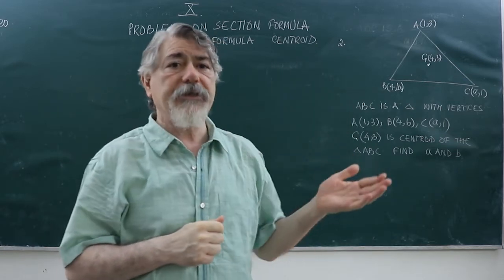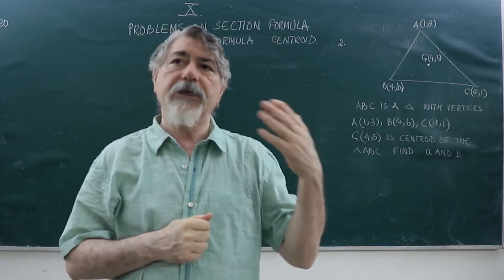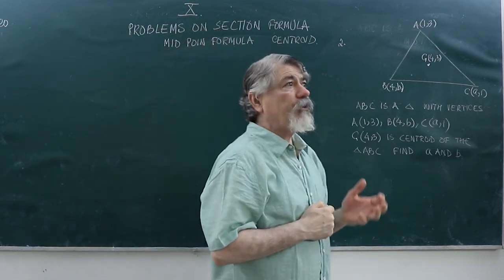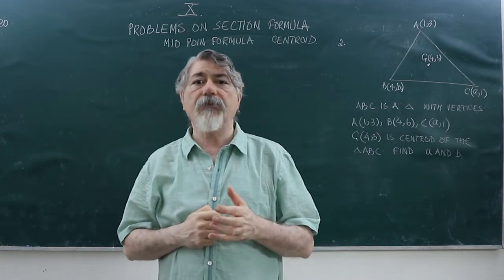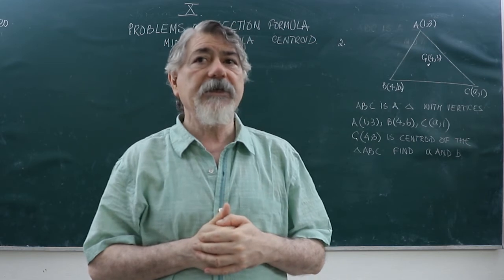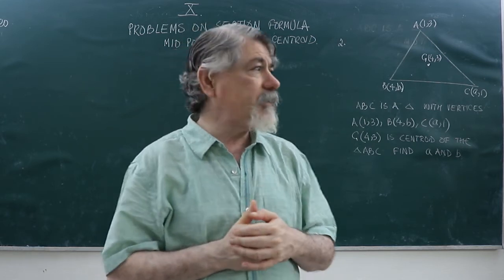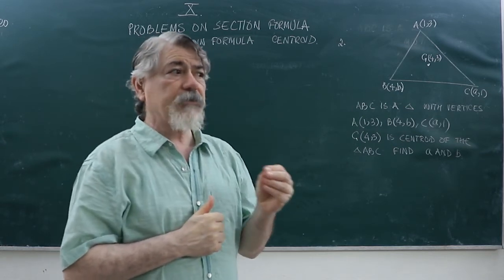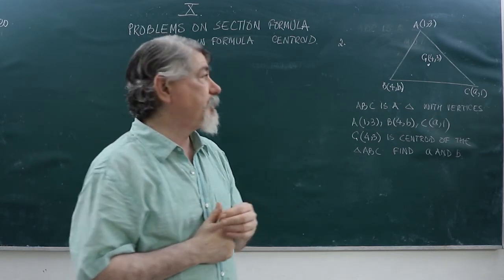Once again, I spoke about it yesterday and before that also. The centroid is the point of concurrence of the 3 medians of the triangle. And what are the 3 medians? A median is a line segment joining the vertex of the triangle to the midpoint of the opposite side.